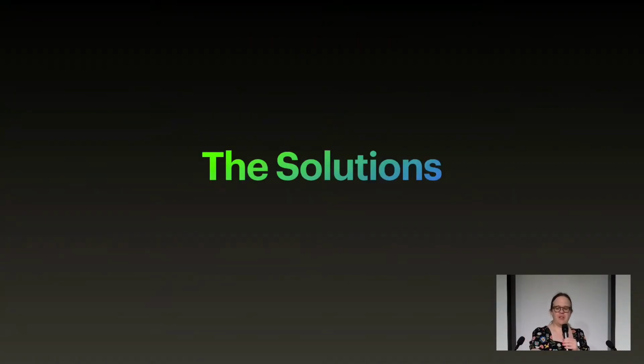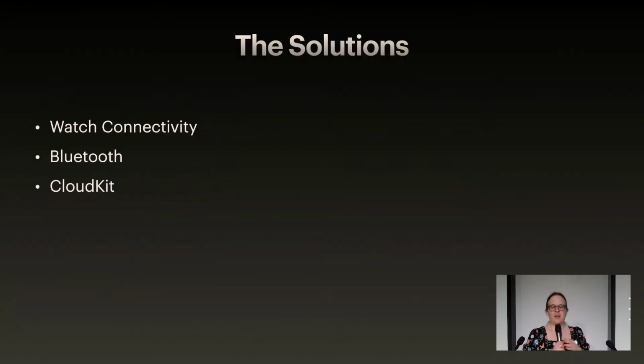So let's have a look at what are some fairly novel solutions people have decided to do. The main one is watch connectivity. So this is the existing bits of iOS and watchOS that allow you to transmit data between two devices. This relies on the devices being awake or receiving data in the background.